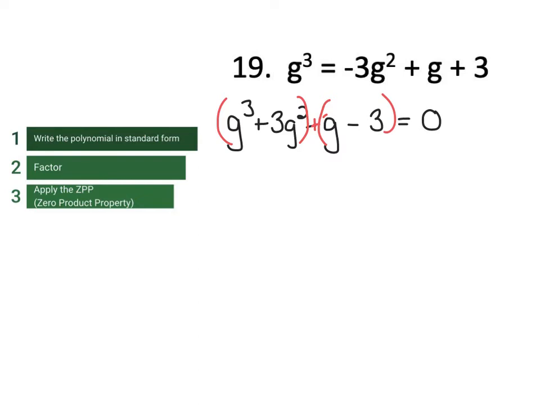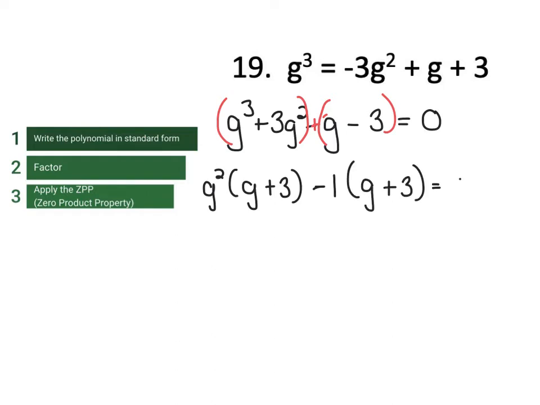So my GCF of the first binomial would be g squared times g plus 3. I'm going to factor out a negative 1 to make this be g plus 3. Now I look for a common binomial factor. I notice they both have a g plus 3.